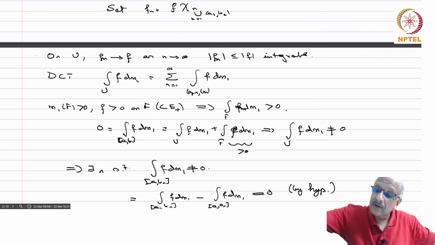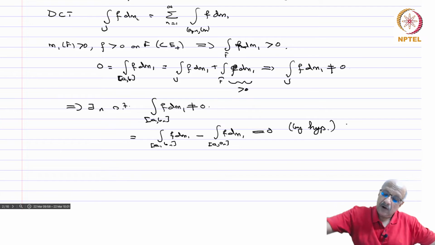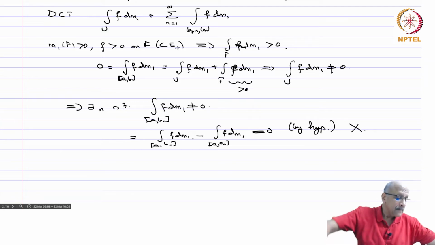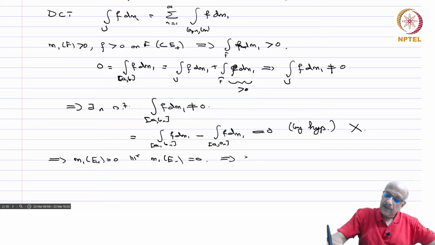And that's therefore a contradiction, and consequently this implies that m1 of E plus equal to 0. Similarly, m1 of E minus is also equal to 0, which implies f equal to 0 almost everywhere.